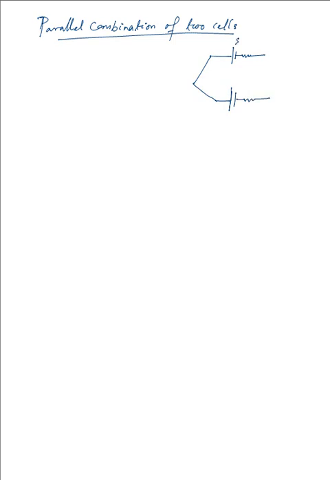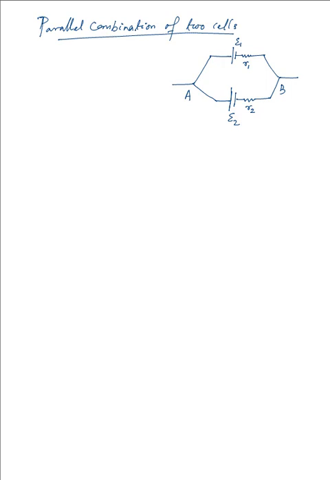Let their EMF be E1 and E2, while the internal resistances are R1 and R2, and they are connected in parallel, while this end of the terminal is supposedly A and we have B at the other end. So there's a potential difference across AB.